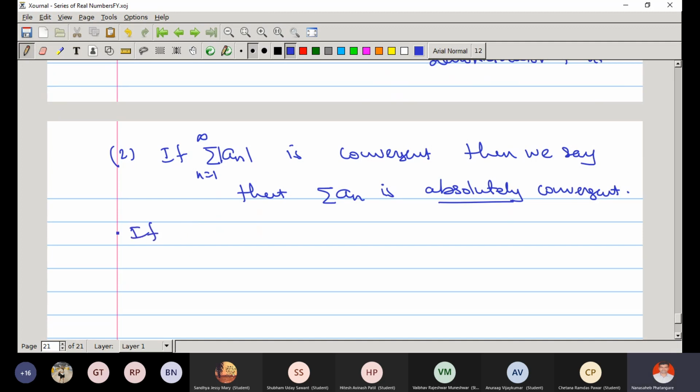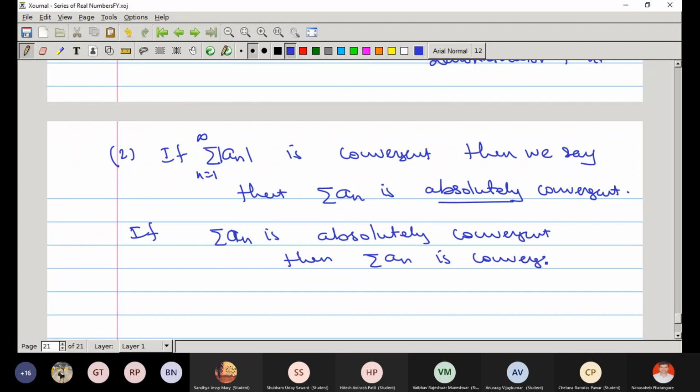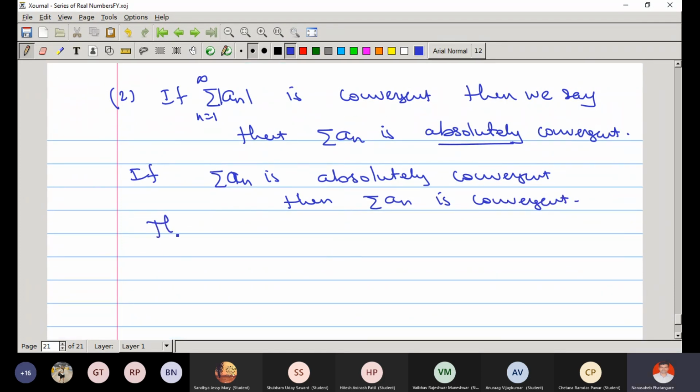So if series an is absolutely convergent, then series an itself is convergent. What does it mean?